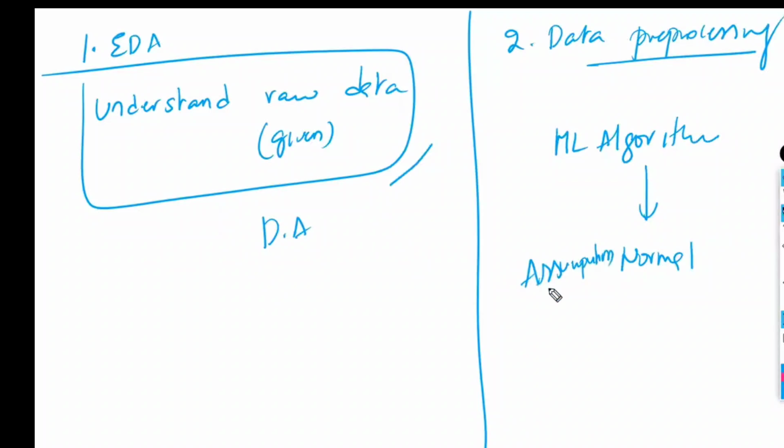Assumption of machine learning is assuming the data is normal. If the data is not normal and you have given a skewed distribution for the machine learning algorithm, the machine learning algorithm will give the wrong answers, means accuracy will be low. If you convert to normal distribution and then if you provide the data for the machine learning, means then the accuracy will be very high.